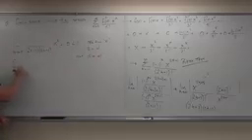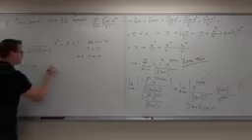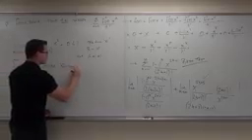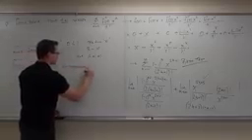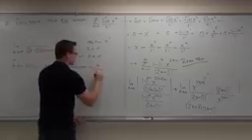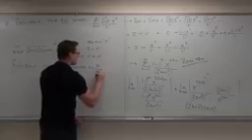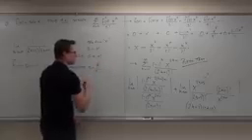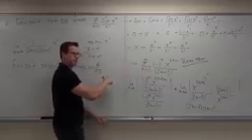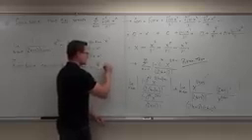f of x equals sine x can be represented by the series n equals 0 to infinity of, I'm going to use this series, but I'm going to change it back to n's, just so our format's okay. -1 to the n.